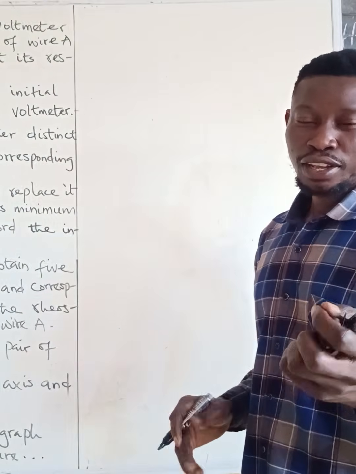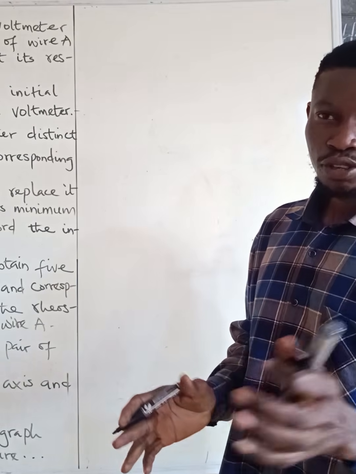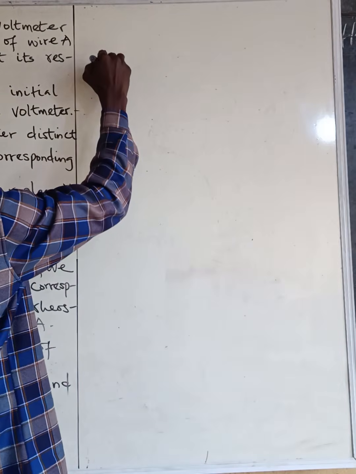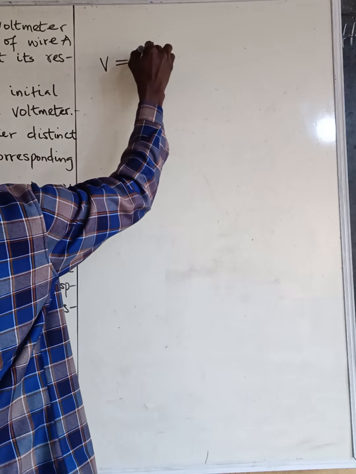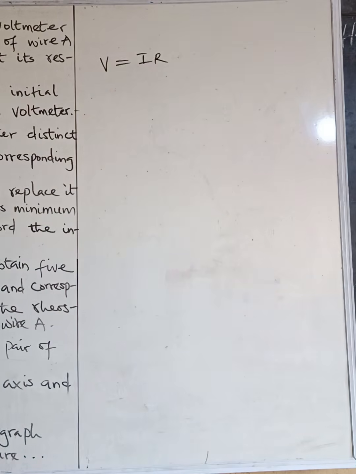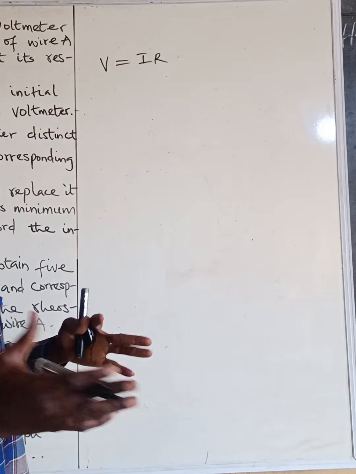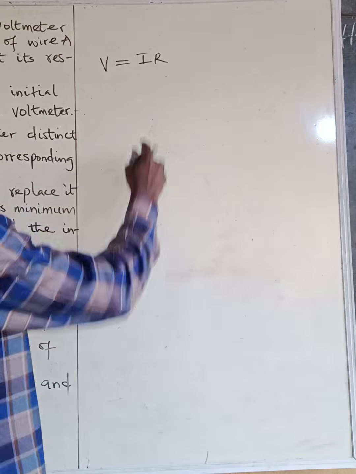Okay, from our basic knowledge of Ohm's law, we know that V is equal to IR. So in this case, you are provided with two different resistance wires.